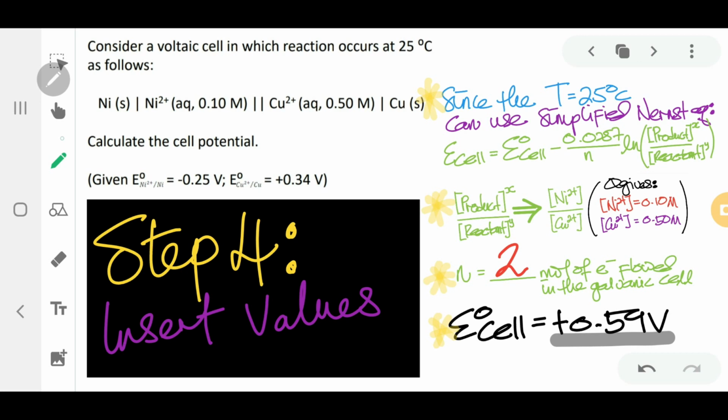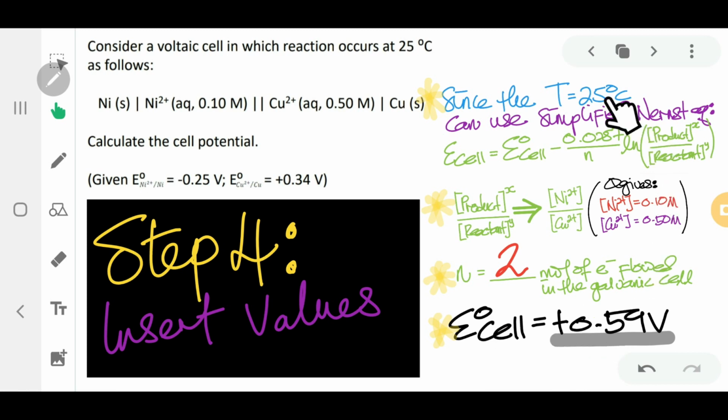Now, since you have got all of this information already, you know that we can use the simplified Nernst equation because the temperature is 25 degrees Celsius. We know that the quotient is written like this, and the question gives you the information about the concentration. We know that the number of moles of electrons flowed in the galvanic cell is 2 moles, and we have found that the E0 cell value is plus 0.59 volts.